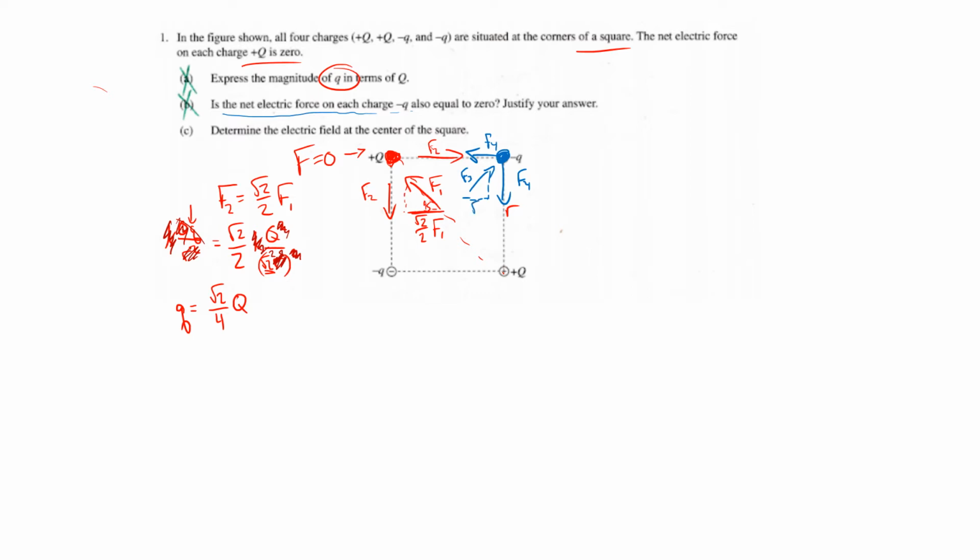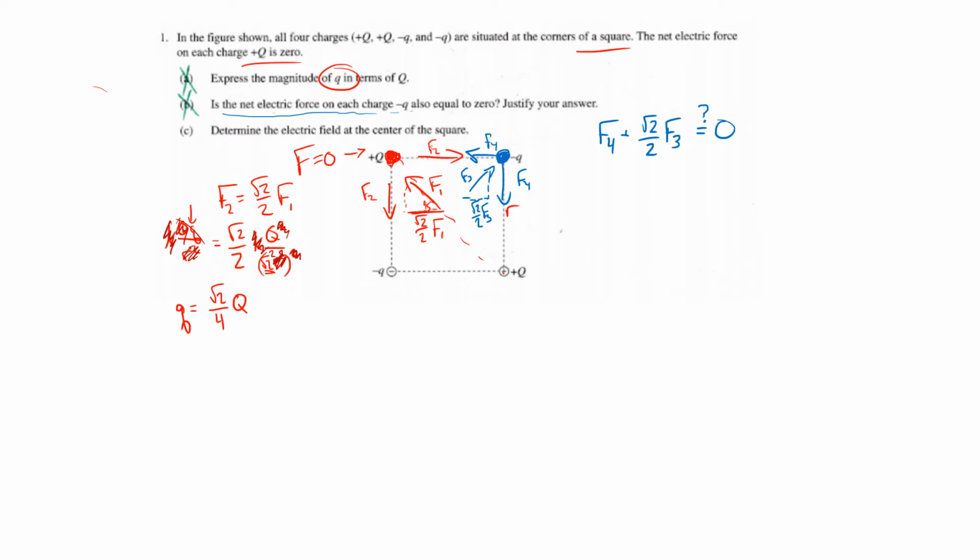So F3, this is going to be root 2 over 2 F3. So we are going to add F4 and root 2 over 2 F3 and see if it equals 0. Because they should cancel out, right? Well, if they're 0. I'm willing to bet they're probably not, but hey, I haven't done this yet. So F4 plus root 2 over 2 F3 equals 0, question mark. Let's find out.